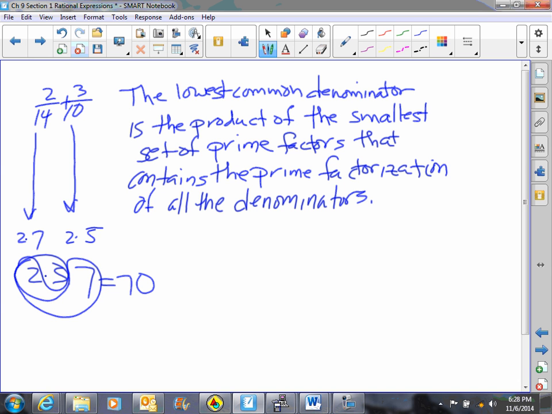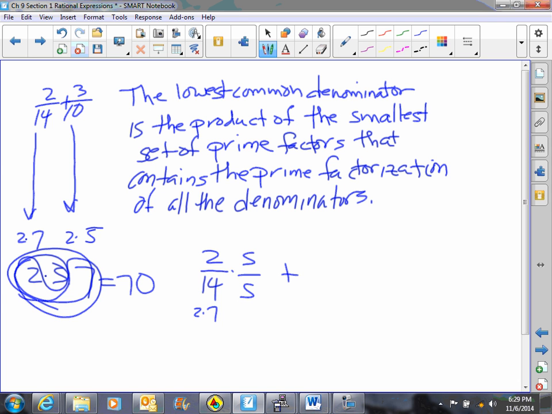So if we look at it, 2 14ths, 14 is 2 times 7. What prime factor in this set of prime factors am I missing? Well, I'm missing the 5. So if you multiply the numerator and denominator by 5, you'll get the lowest common denominator for the denominator.